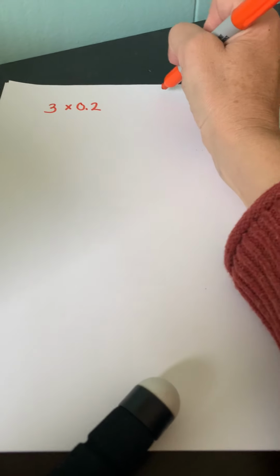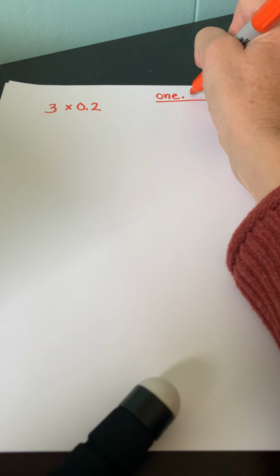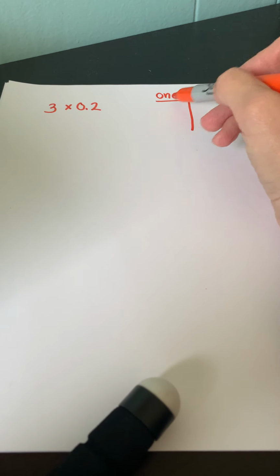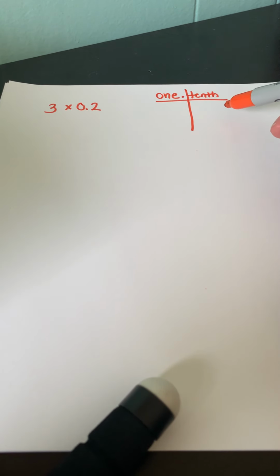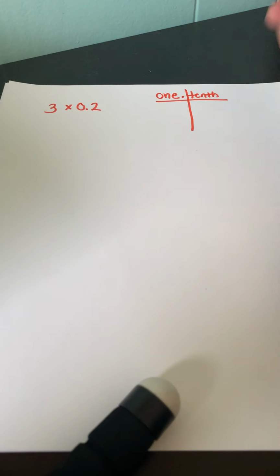First thing you're going to do is you are going to draw or use a place value chart. And for this one, we only need 1 10th place for our place value chart. We want to make 3 copies of 2/10. Well, here's what 2/10 looks like.